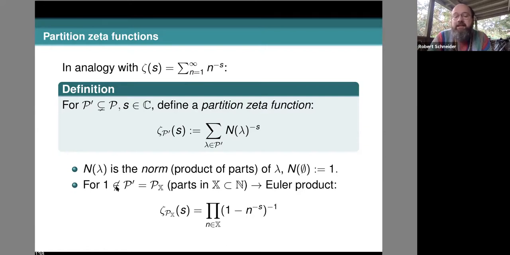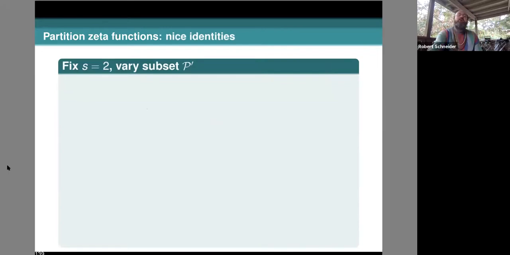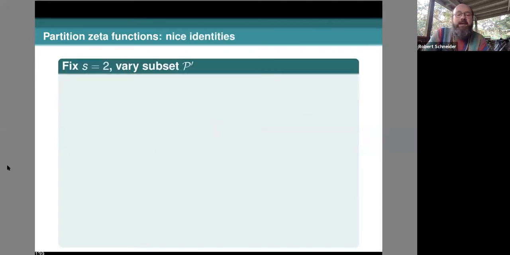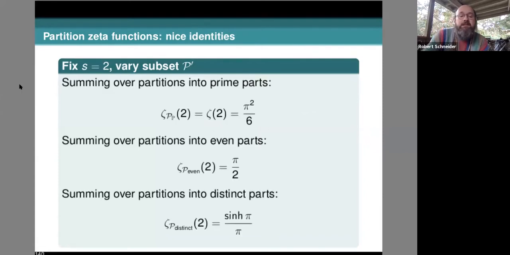However, again, this is much more general than just these kinds of cases. And we won't usually be looking at these cases for the rest of the talk. Okay, I just want to show you that this definition, if we fix s, the argument, so that we can just see how different subsets change the values, is really a function of both s and of the subset P. So for instance, if we sum over partitions into prime parts, that's the classical zeta function.